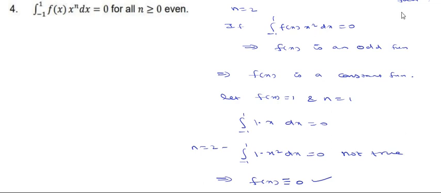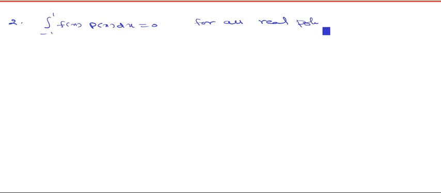Now let us consider the second option. The second option is integral from -1 to 1 of f(x) p(x) dx equal to 0 for all real polynomials p(x). Let p(x) equal 1, which is also a real polynomial.